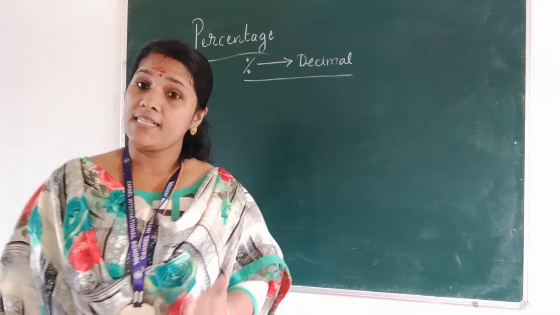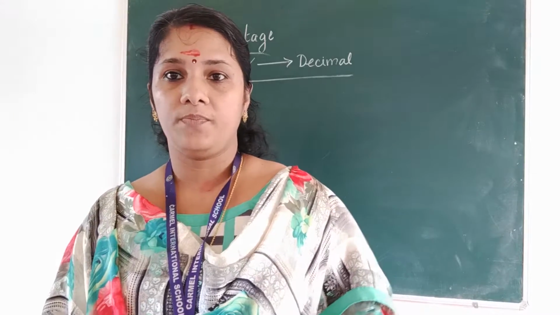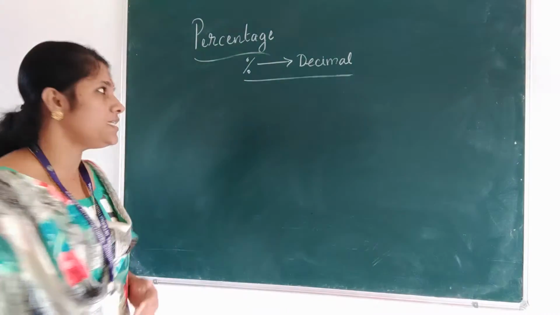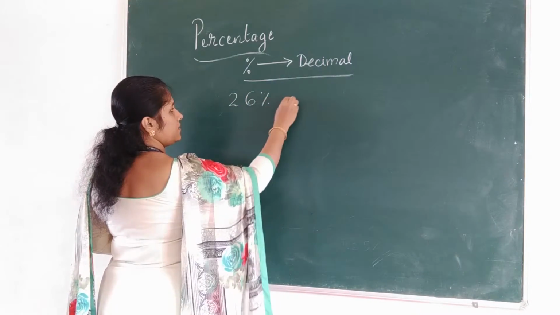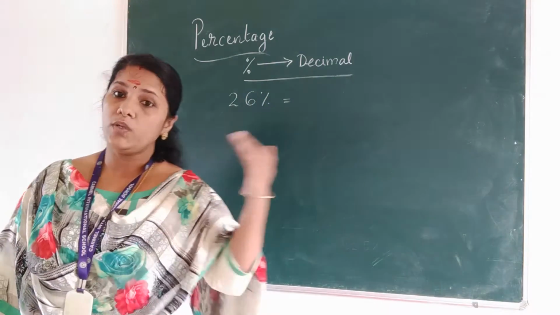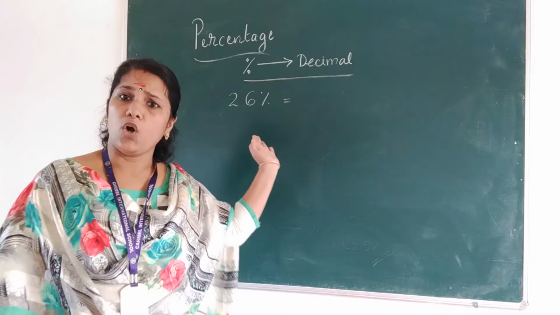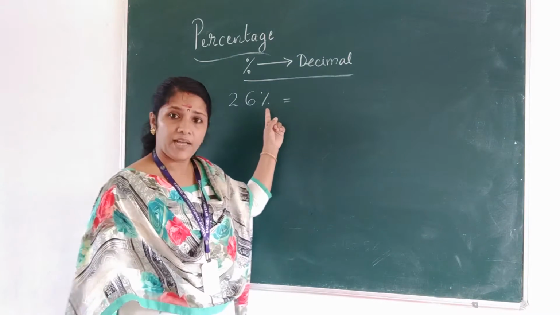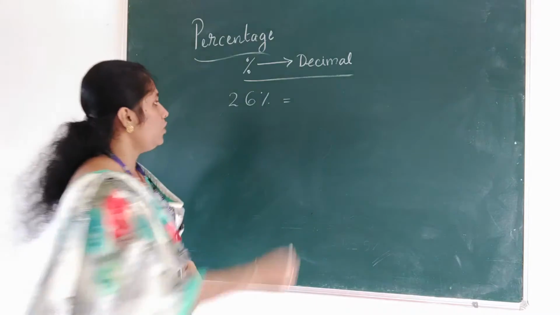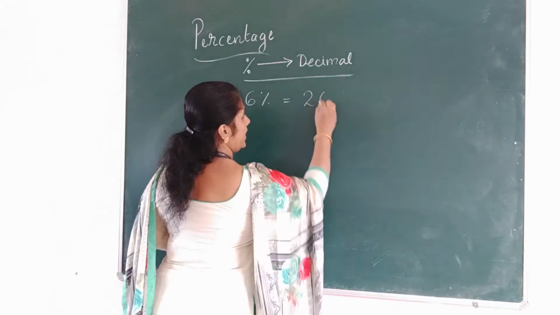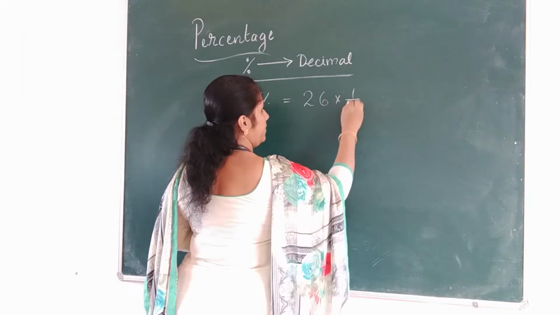Let's convert percentage into decimal form. Let's consider some examples. Say 26%. To convert into decimal, here also we are going to replace the percentage symbol with 1 by 100. So you can write it as 26 into 1 by 100.